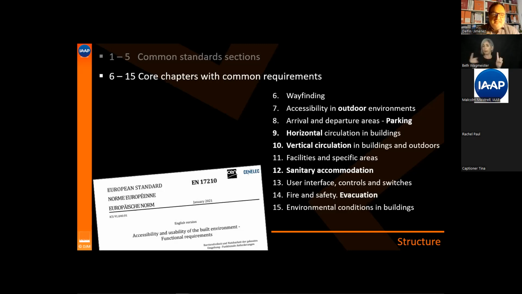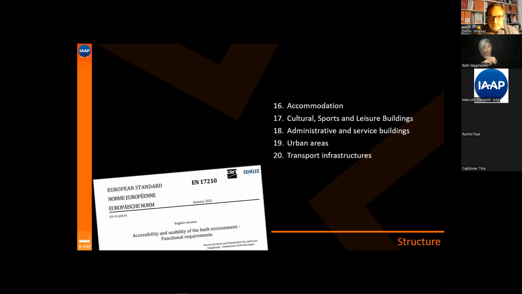But I think it's interesting, that's not all. There are other sections from 16 to 20. They are specific sections for specific uses. For instance, existing accommodation, or cultural, sport and leisure buildings, administrative and service buildings, urban areas, transport infrastructures.